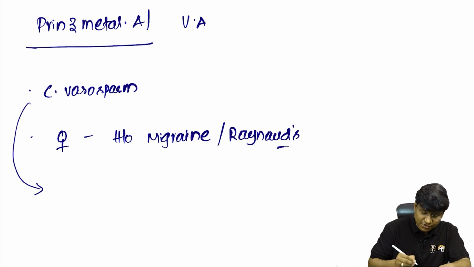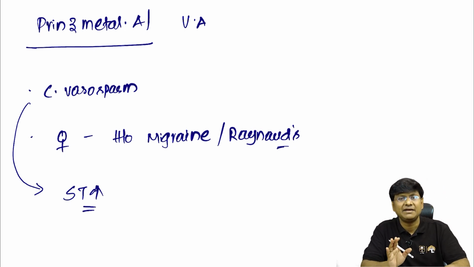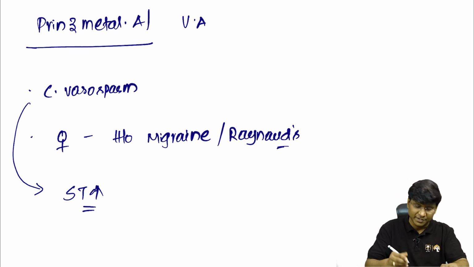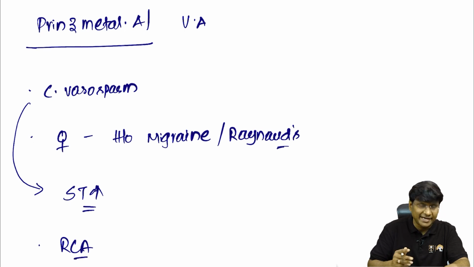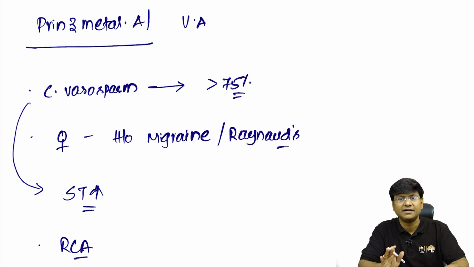And whenever there is coronary vasospasm, you will have ST segment elevation, and this will be transient ST segment elevation only during that episode of chest pain. The coronary artery commonly affected is the right coronary artery. And when we use the word spasm, spasm is defined as when the blockade is more than 75%, then we use the word spasm, right?